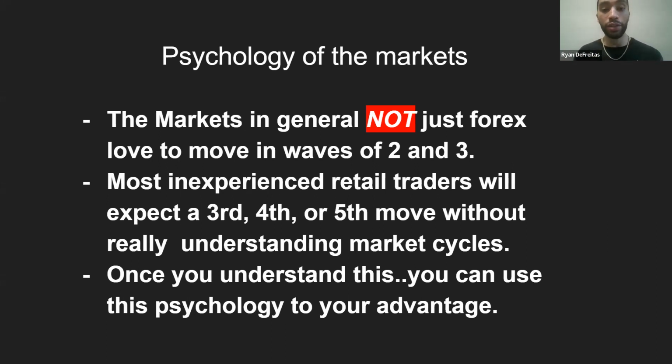Okay, so you have to understand with the retail markets, when they're seeing waves of 2 or waves of 3, they're thinking to themselves, oh my God, there's got to be more, right? Even in stocks, you see this all the time. It'll move 2 ways, 3 ways up, right? But then they'll think, oh, it's going to be a 3rd or 4th or 5th one. Think about regular human psychology, guys. When something happens to you once, do you get fearful of it happening again?